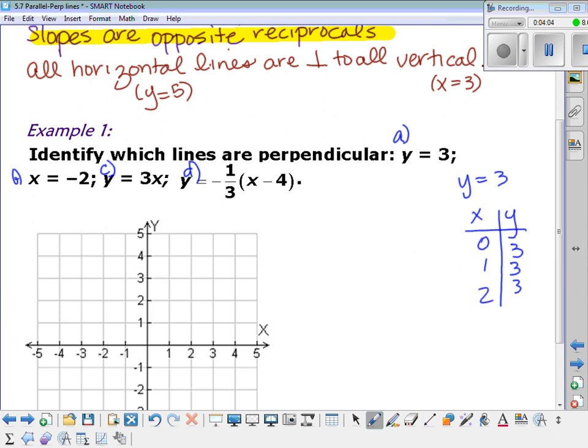So if I do 0, 1, and 2, 0, 3, 1, 3, 2, 3, those are all points. It's going to be a horizontal line.